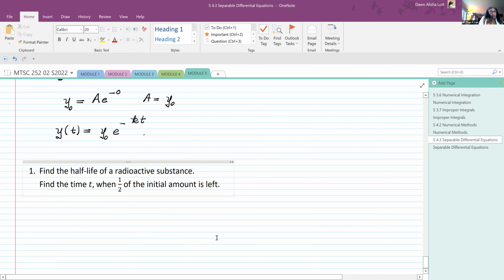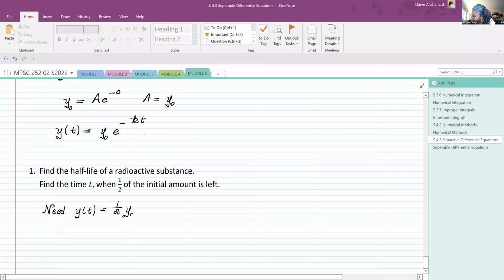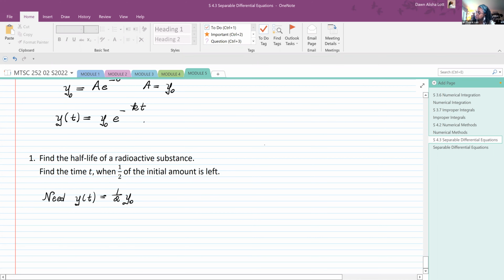So we need y of t to equal one half of the initial amount, so y of t has to equal y0 over 2. Then we need to solve for t, and that t will be our half-life.